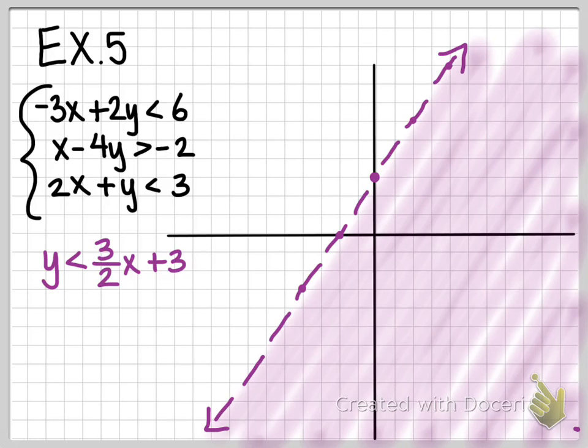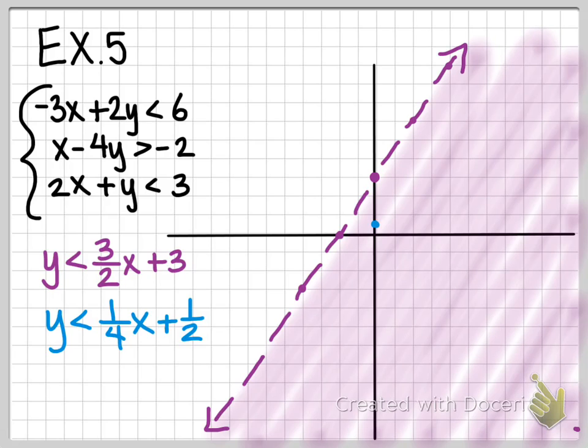Okay, now we're going to look at the second inequality. So the second inequality, I would have to move the x and divide everything by negative 4. Because I'm dividing by negative 4, I would have to flip the inequality as well. So this is now y is less than 1/4 x plus 1/2. So this line crosses at 1/2 and goes up 1 over 4.